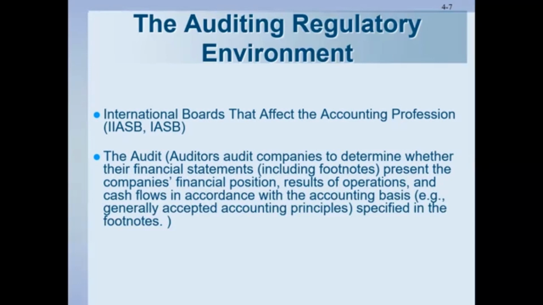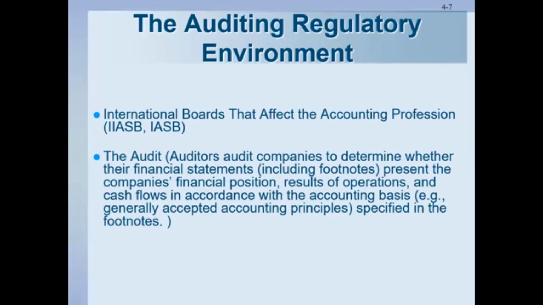Now, according to the AICPA, the auditor has a responsibility to plan and perform the audit to obtain reasonable assurance about whether the financial statements are free of material misstatement, whether caused by error or by fraud.